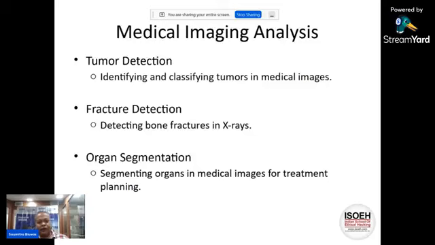Next one is fracture detection. I already have given one example of it. A person's spine was fractured, and the detection could not be done because the X-ray was not very clear.